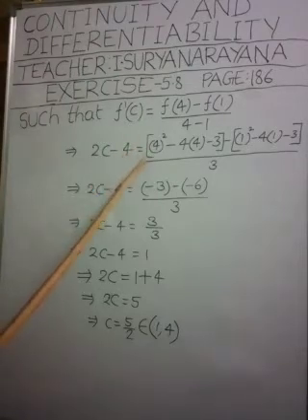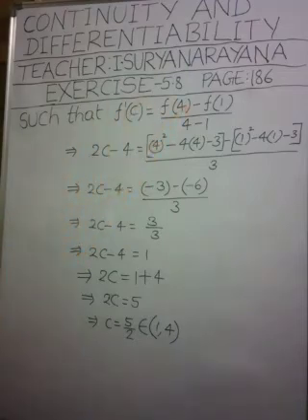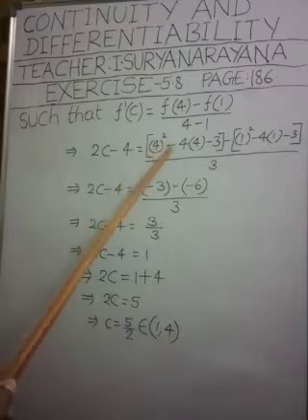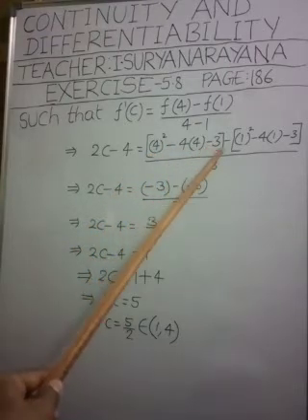Right. Is equal to, we have to find f(4). In the function f(x), substitute x is equal to 4. Then we get these three terms, my children: 4 whole square minus 4 into 4 minus 3. Understood?